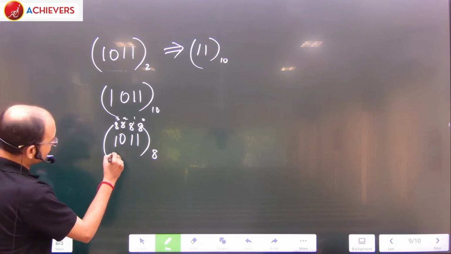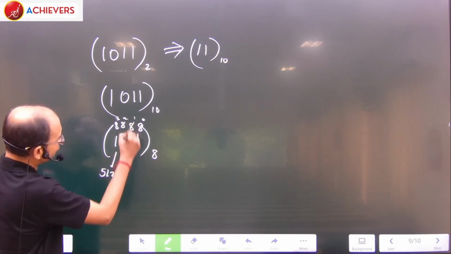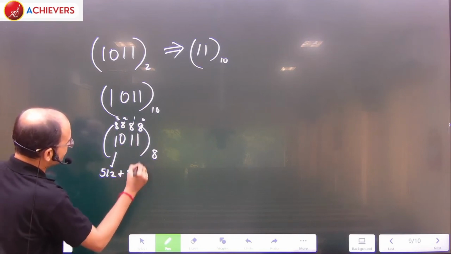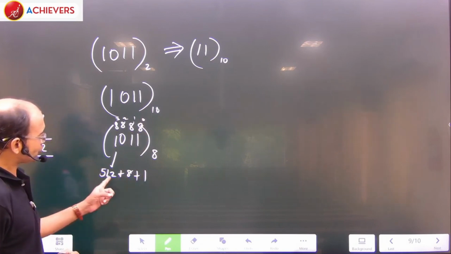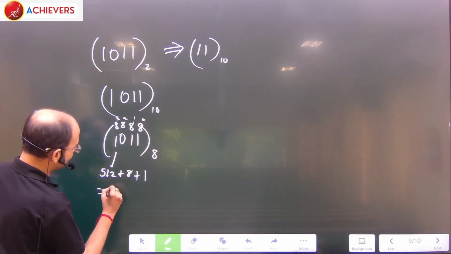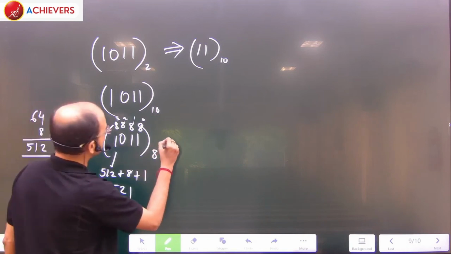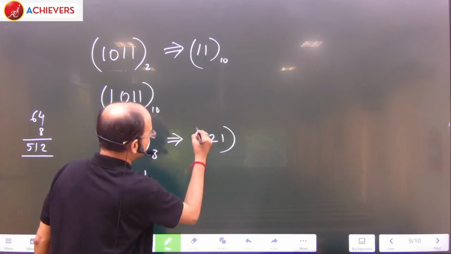So 512 plus 8 to the power 1 is 8, plus 8 to the power 0 is 1. So 512 plus 9 equals 521. So this will be 521 decimal.